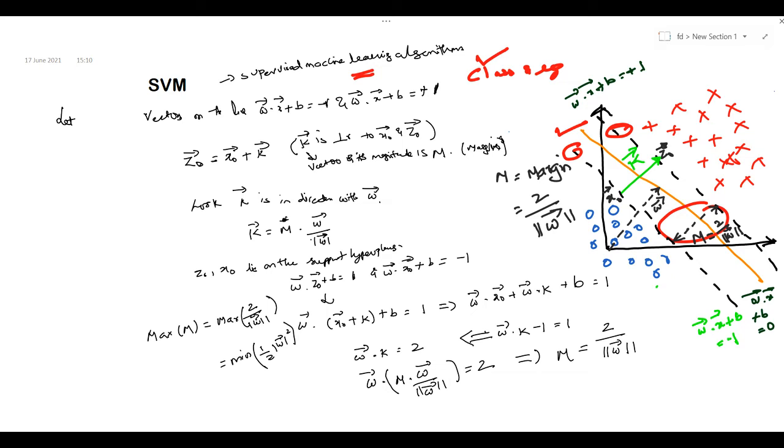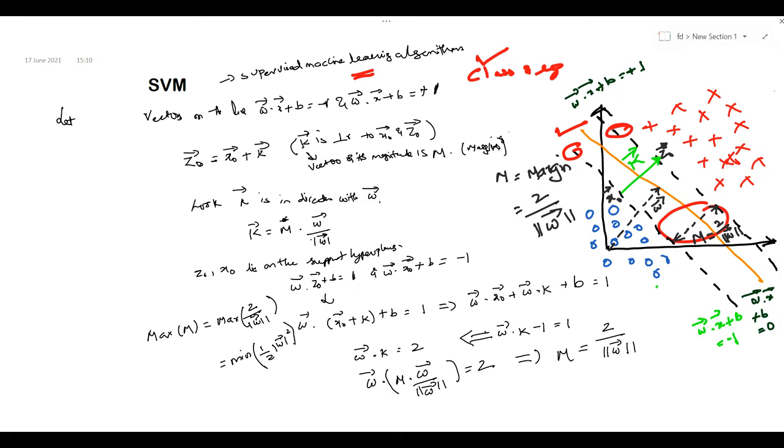These data sets are classified through three hyperplanes: one hyperplane on the blue side, one on the other side, and an optimal hyperplane in the middle, indicated in orange.